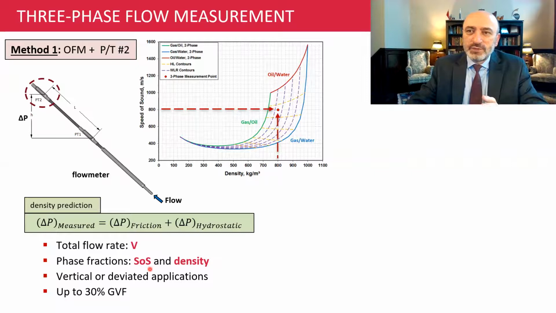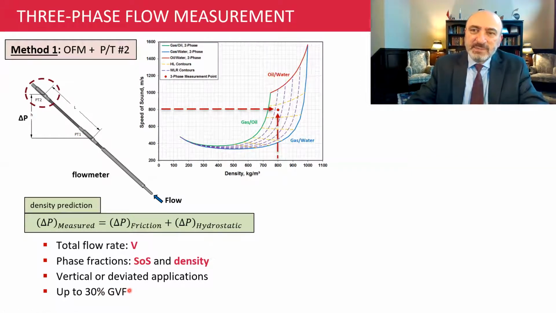There are a lot of flow meter installations where the pressure was above the bubble point, so there was no free gas. But even if it is below the bubble point, even if there is gas in the flow, that 30% seems to be a realistic number.